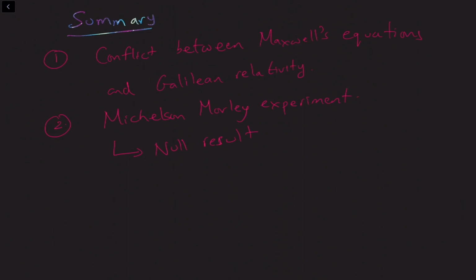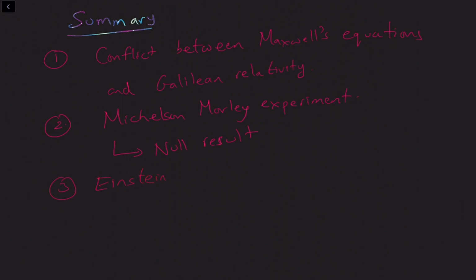So this led Einstein to speculate that maybe the speed of light c is a constant for all inertial observers.